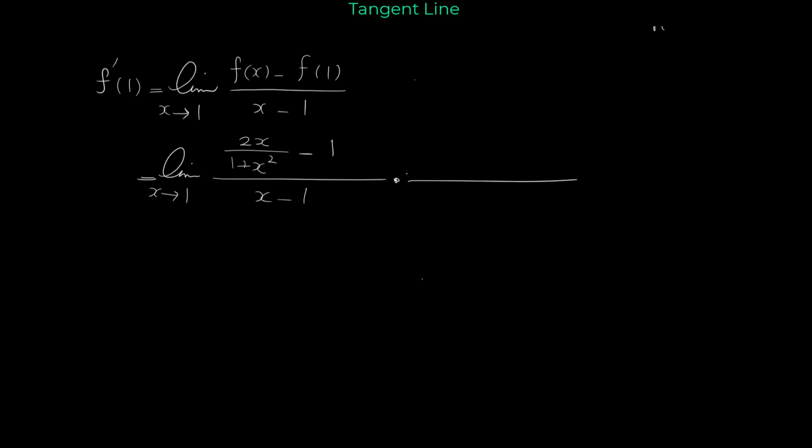And by multiplying the numerator and the denominator by 1 plus x to the 2, we can get rid of the denominators. So instead of doing a common denominator, this is the easier way to simplify the numerator.